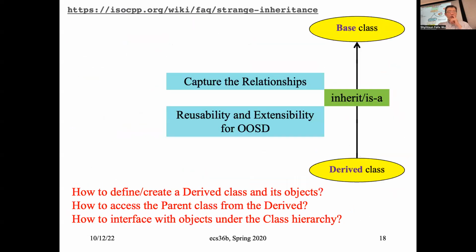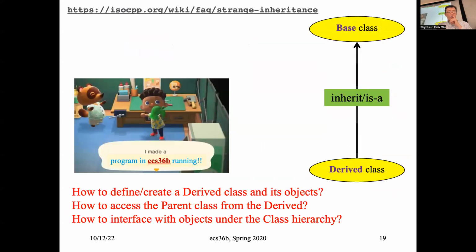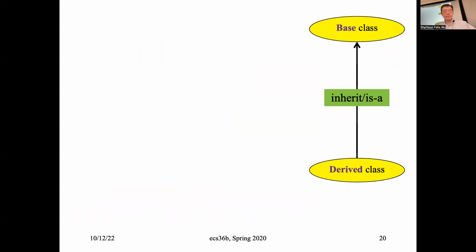Okay, I'm going to show you this mechanism going up, going down, and then the behavior. I'm going to use this example still, base and derived class.